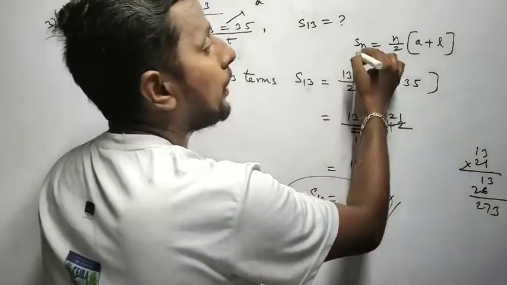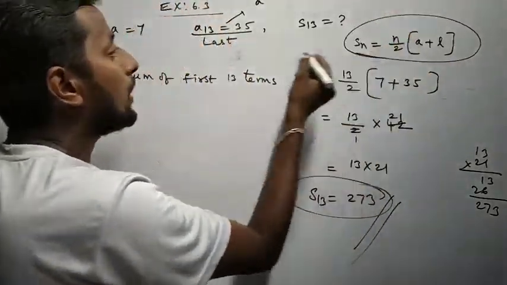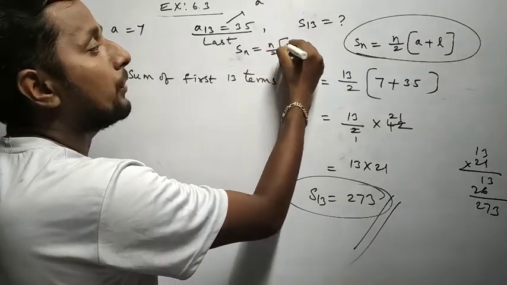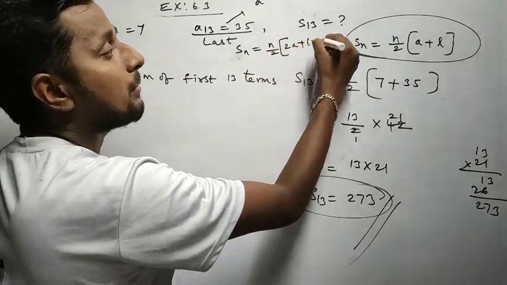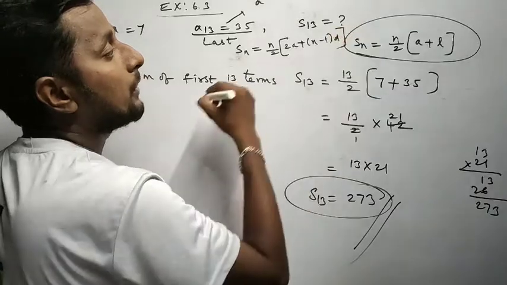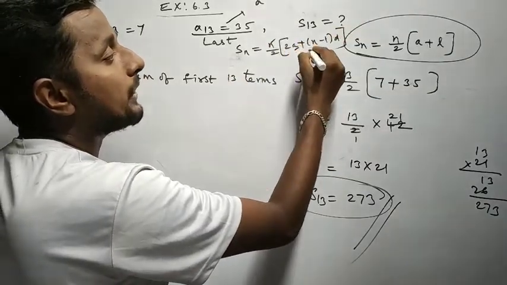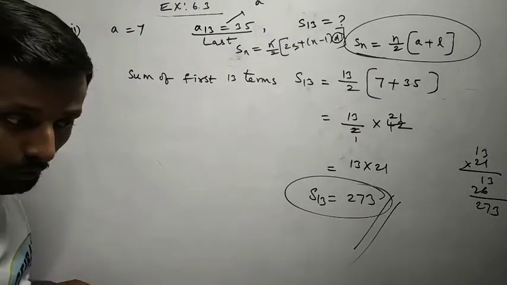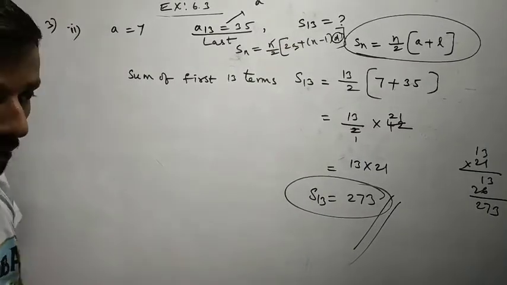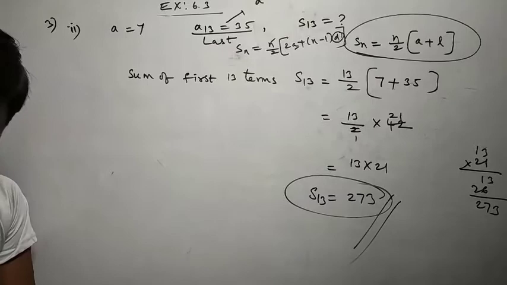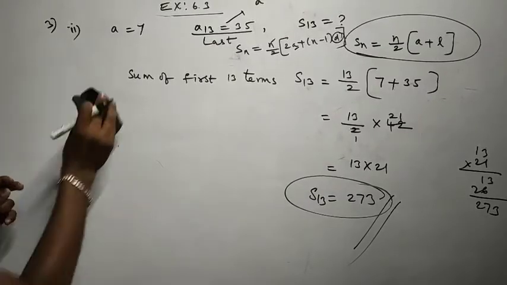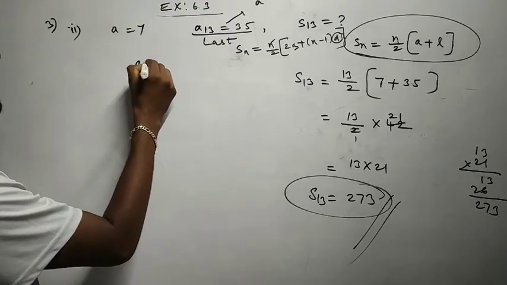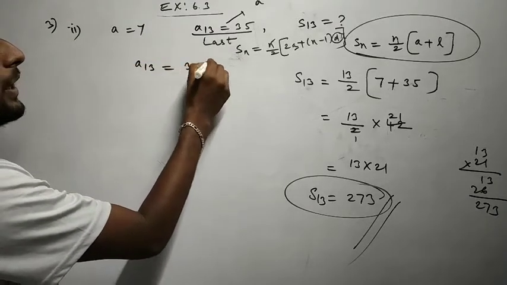If you don't want to use this formula, the other formula is Sn is equal to n by 2 of 2a plus n minus 1 into d. We know the n value, we know the a value, we don't know the d value. So how do you find the d value? As I know, A13 value is 35.